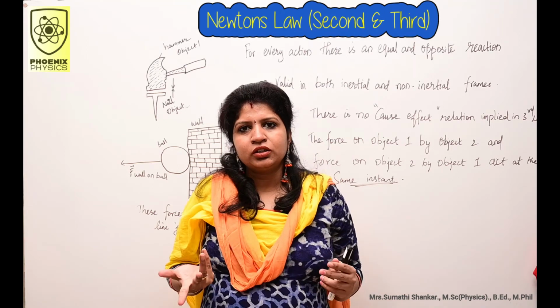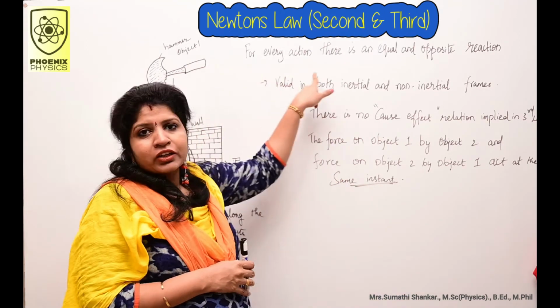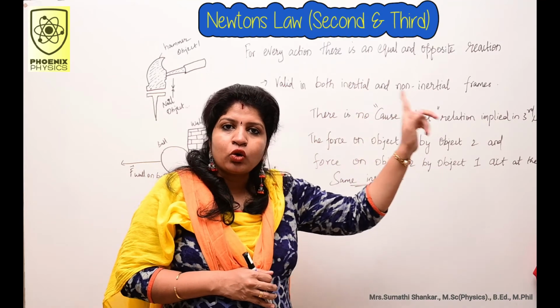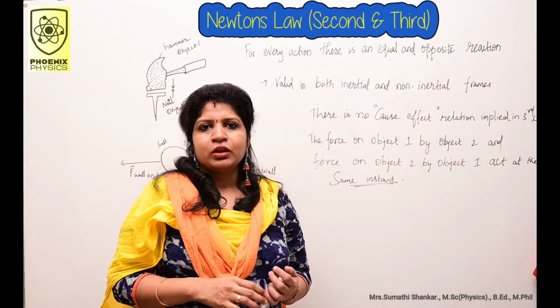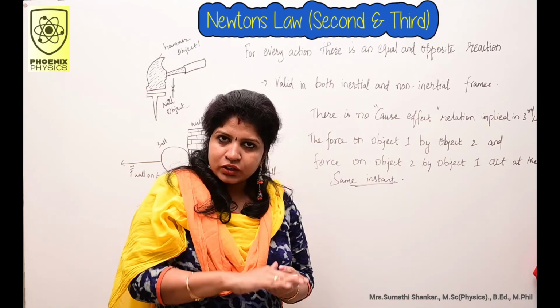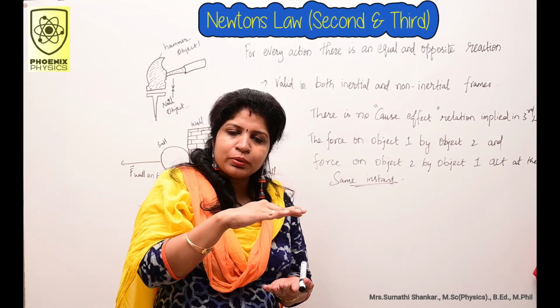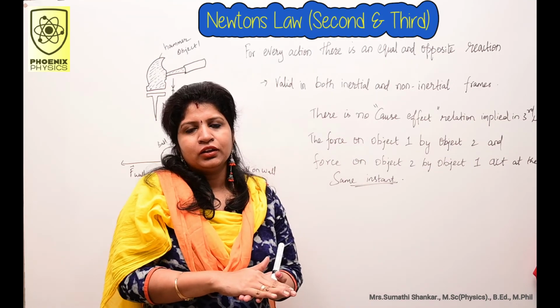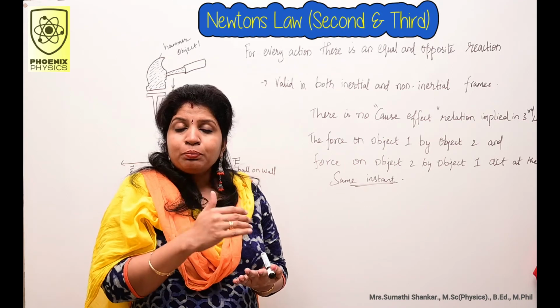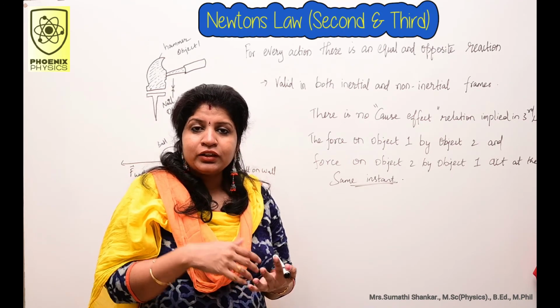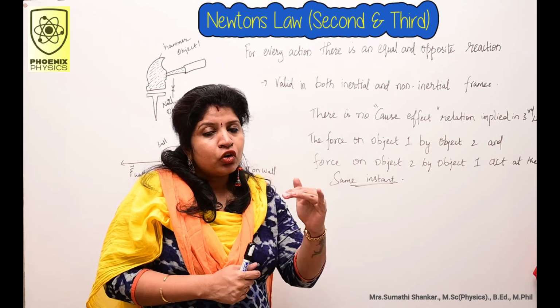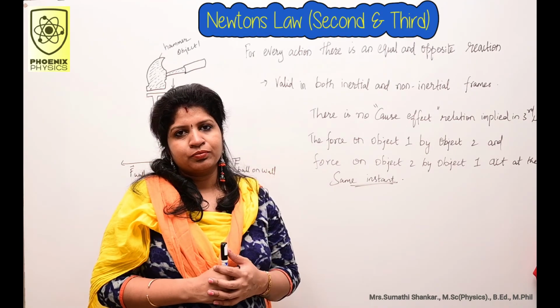Next topic is Newton's third law. What is Newton's third law? For every action there is an equal and opposite reaction. For example, if you press a coiled spring, the spring is compressed by the force of your hand and the compressed spring in turn exerts a force on your hand.